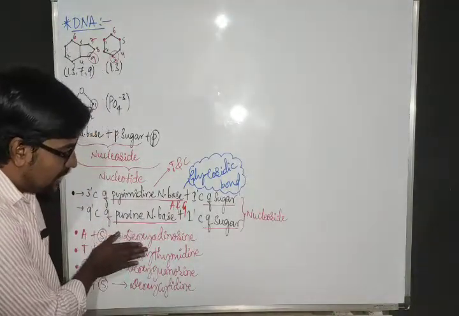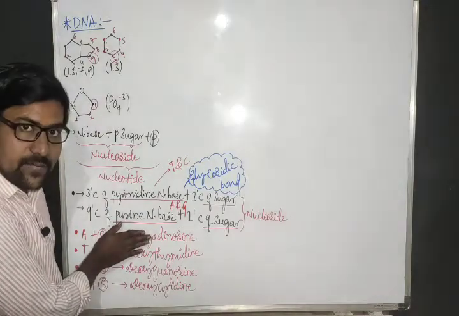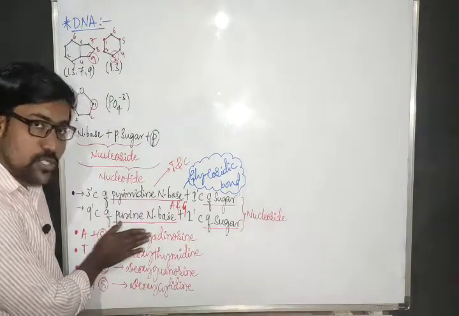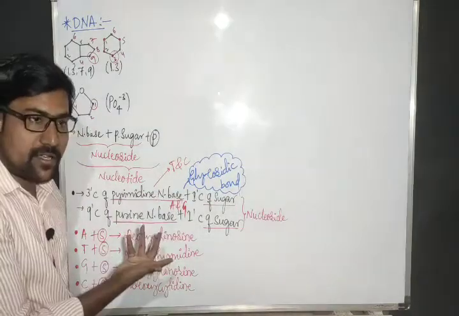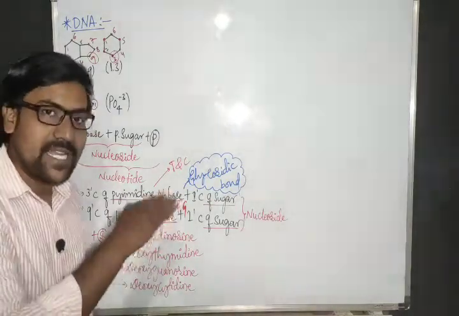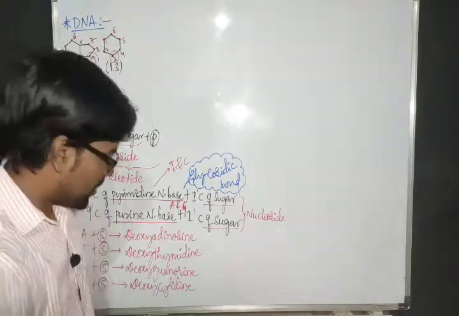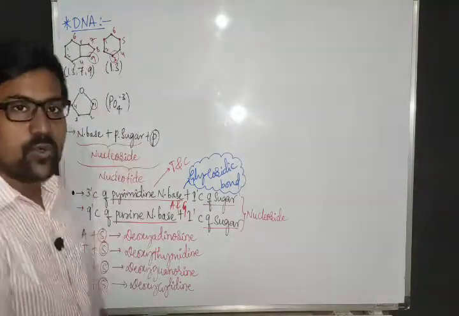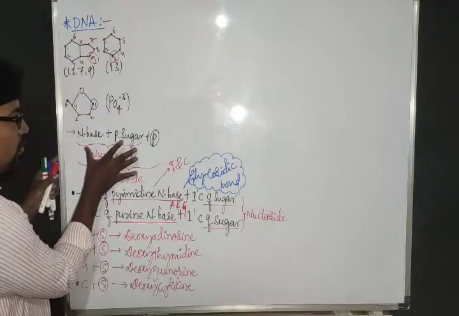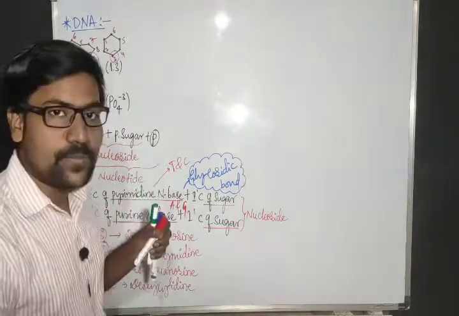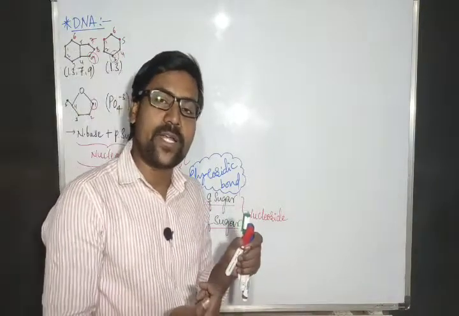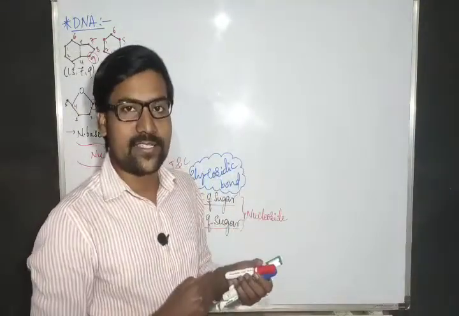Suppose if I don't write deoxy, if I just write adenosine, then this is also a nucleoside, but it may be the nucleoside of DNA or RNA. But if I mention deoxy, it is the nucleoside of DNA only. So we have four types of nucleoside. We got nucleoside. Now these nucleosides should combine with what? Phosphate. After combining with phosphate, we will get nucleotides.